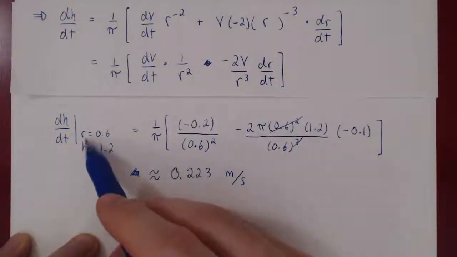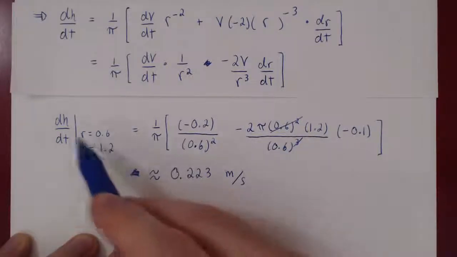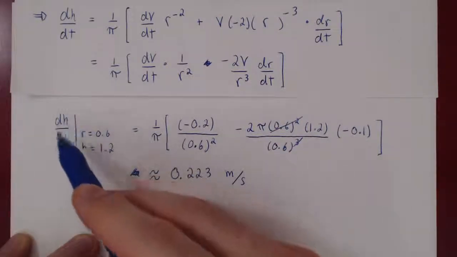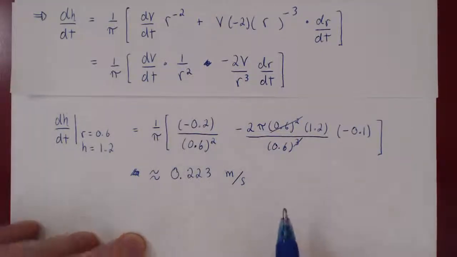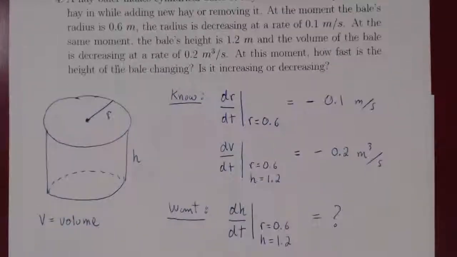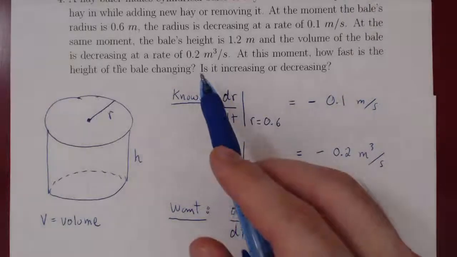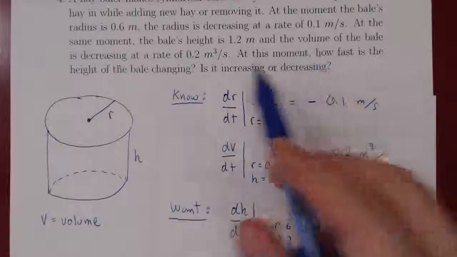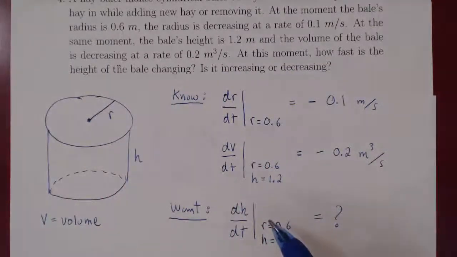So when the radius of the bale is 0.6 meters and the height is 1.2 meters, the rate of change of the height is approximately 0.223. And remember that we were also asking for the rate of change of the height as a function of t at this instant, but also whether the height is increasing or decreasing at that time?